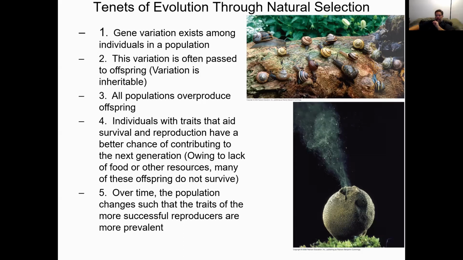So there's a limitation on how many people will make it. And so those individuals that have some trait that helps them to survive better and reproduce are more likely to leave more offspring. And then those traits will show up in the next generation.